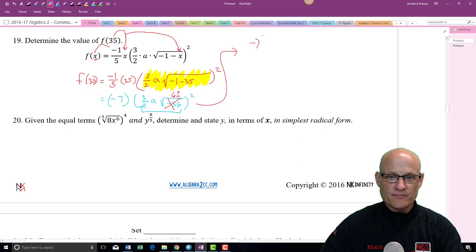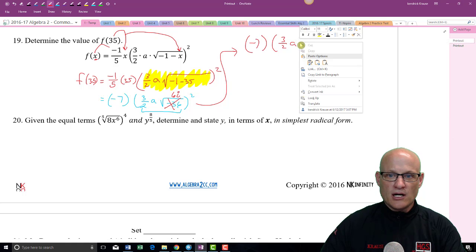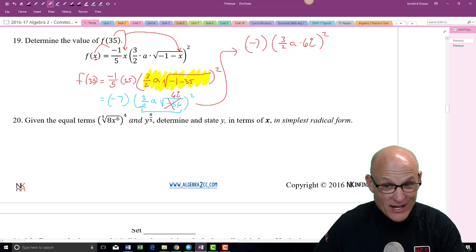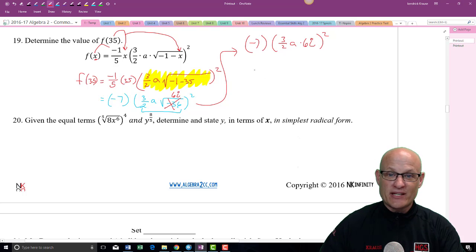So let's move over here. Negative 7 times 3/2 a times 6i, squared. I'm still not ready yet because I haven't finished cleaning up the inside yet, so let's do negative 7. And don't you dare distribute that negative 7 before you square things. That's a mandatory must.